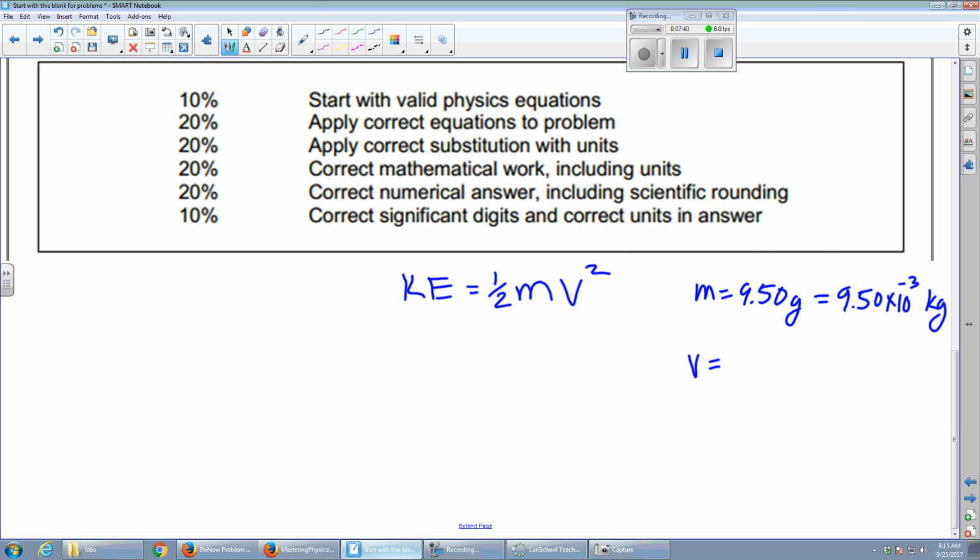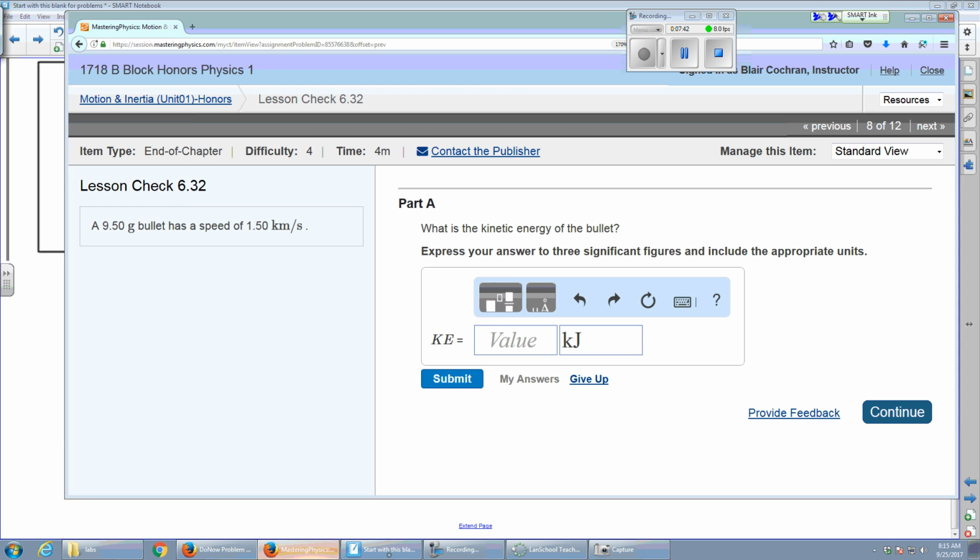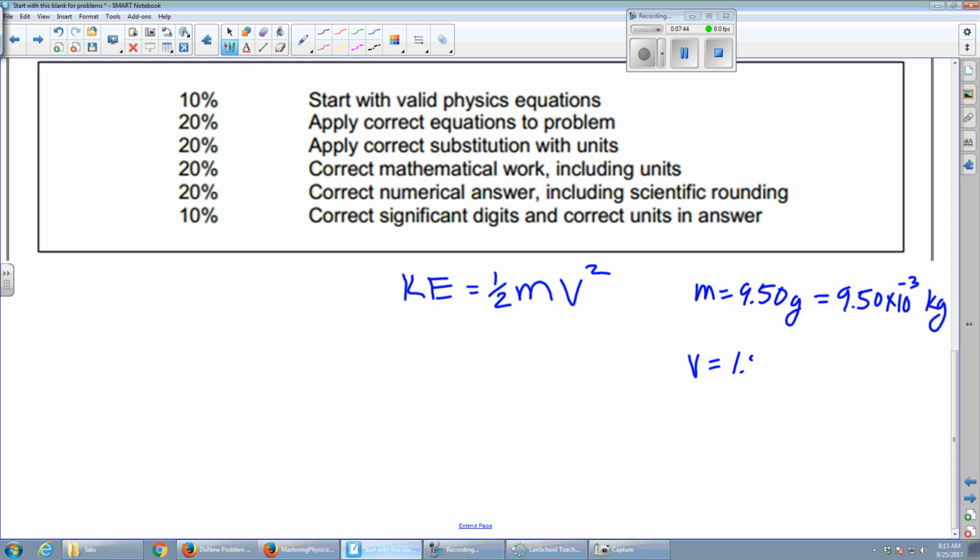The speed they gave me, 1.50 kilometers per second, equals 1.50 times 10 to the third meters per second. And so now I can substitute those in.